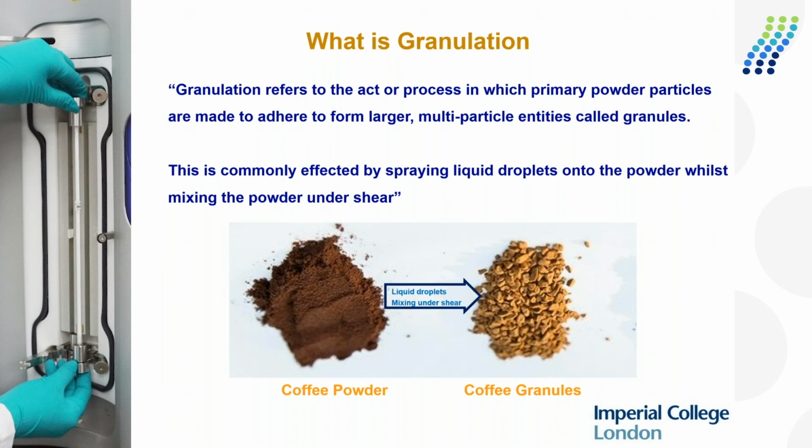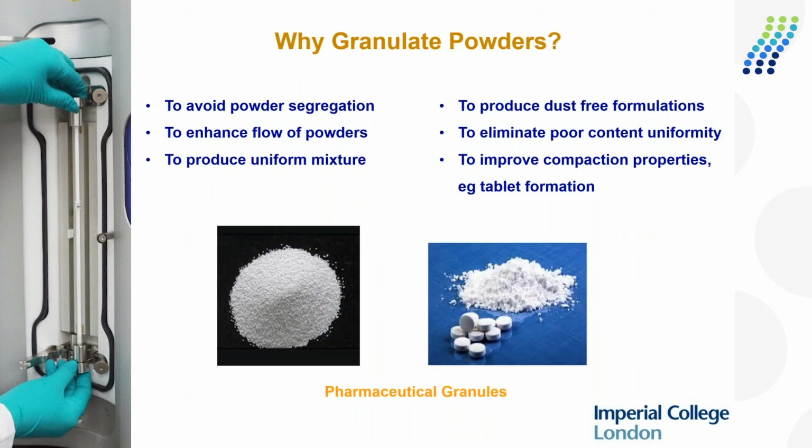Granules are a very common form for solid state materials. It's worth thinking for a moment, why do we want to granulate powders? Because this is a very common operation. We want to avoid powder segregation, that is, we want to make sure that when we have a mixture, the powders are uniformly distributed. We may want to enhance the flowability of the powder, and granules flow more easily than small particles. We may want to produce a uniform mixture. We may want to produce dust-free formulations.